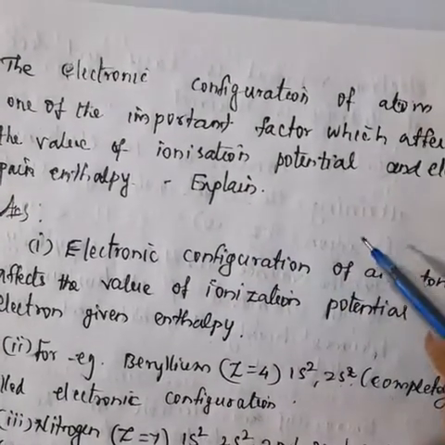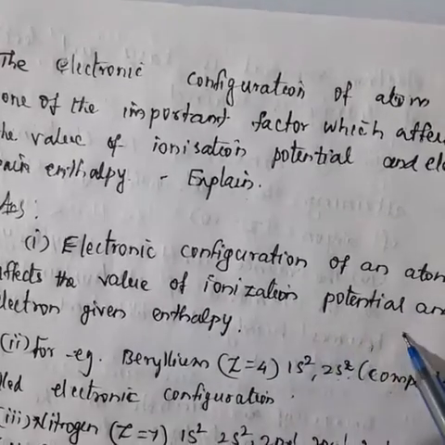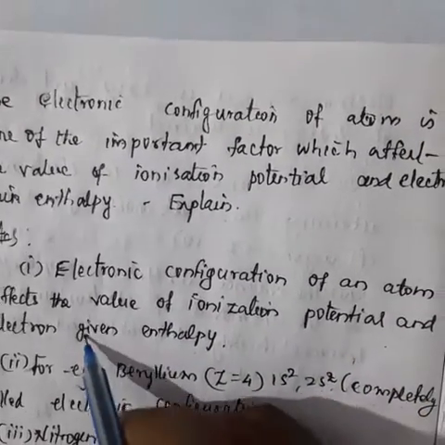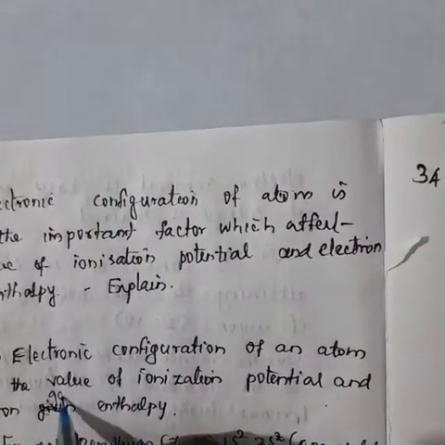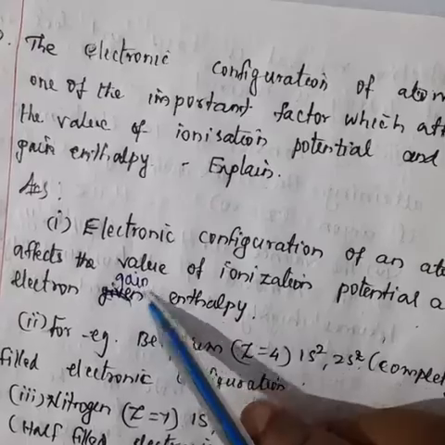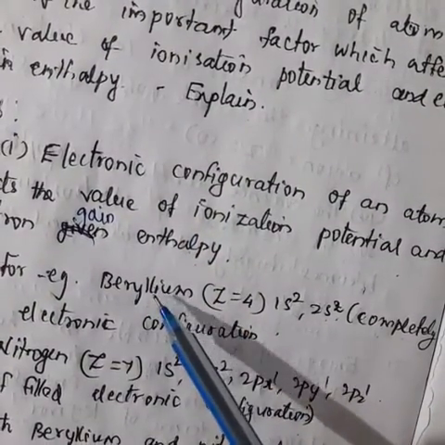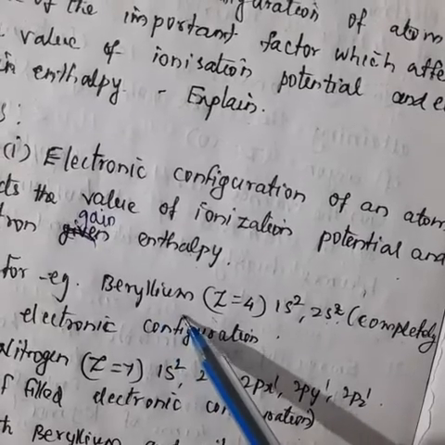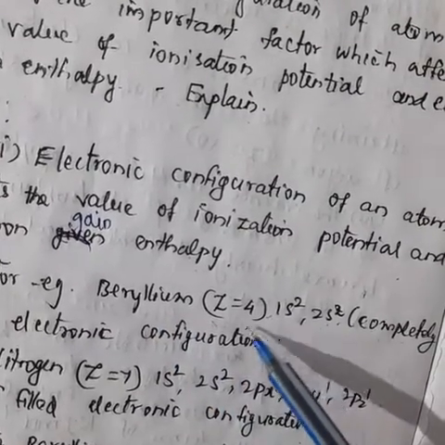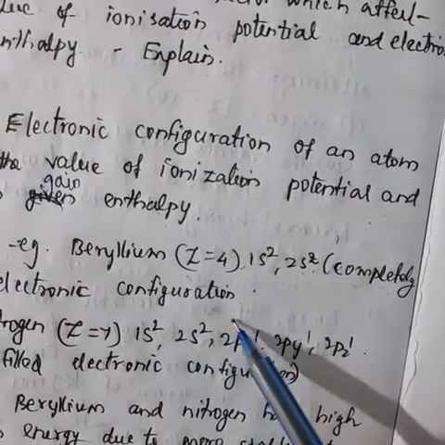Answer: the electronic configuration of an atom affects the value of ionization potential and electron gain enthalpy. For example, beryllium, atomic number 4, has electronic configuration 1s2 2s2. So it is a completely filled electronic configuration.